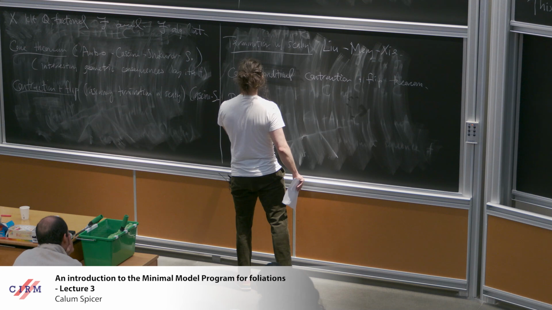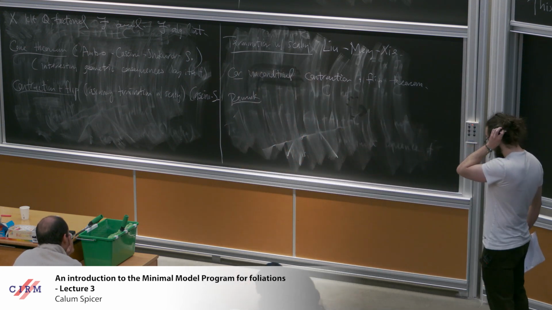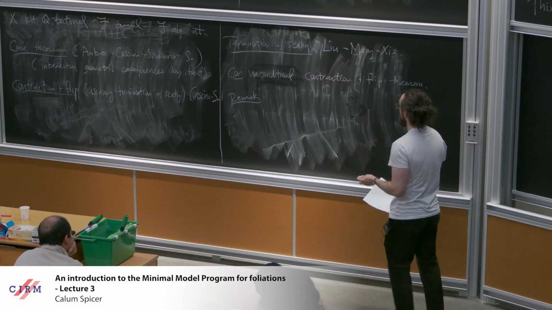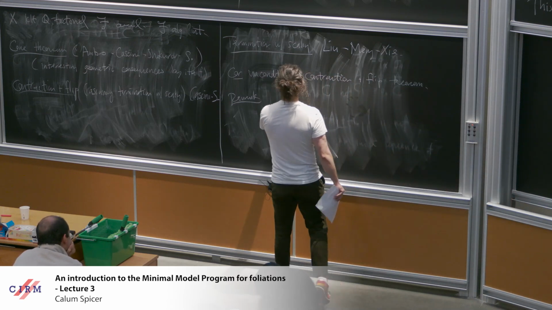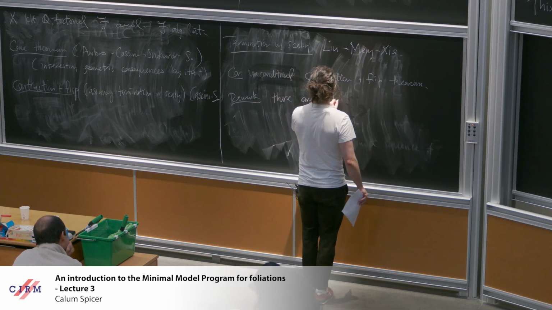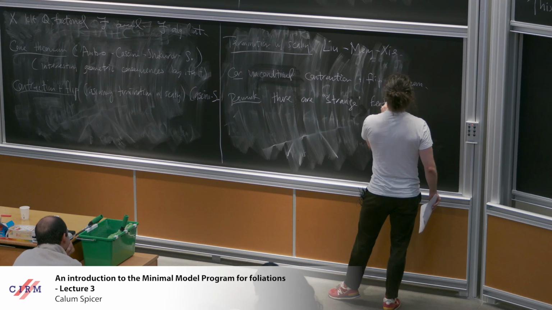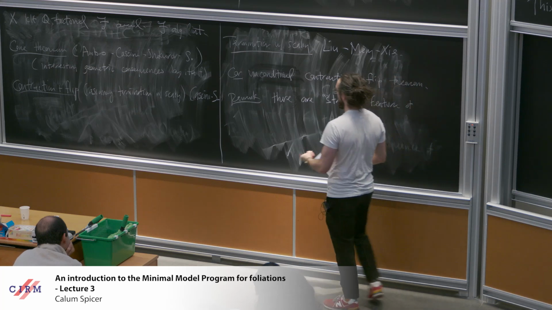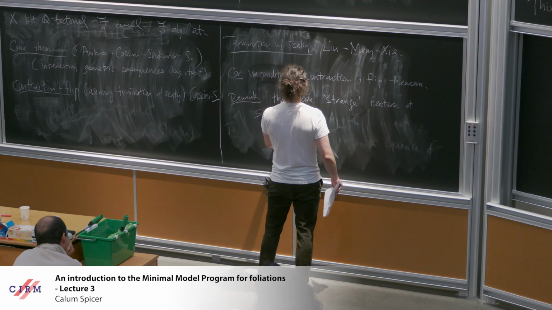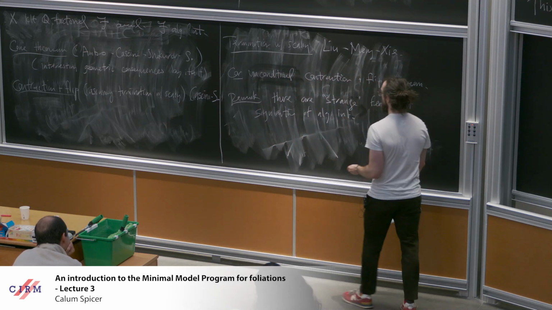I guess I want to make a remark. So to go back to maybe some kind of mysterious mantra I said to Dan earlier, I guess I'll just say there are strange features of singularities of even algebraically integrable foliations from the perspective of the MMP.